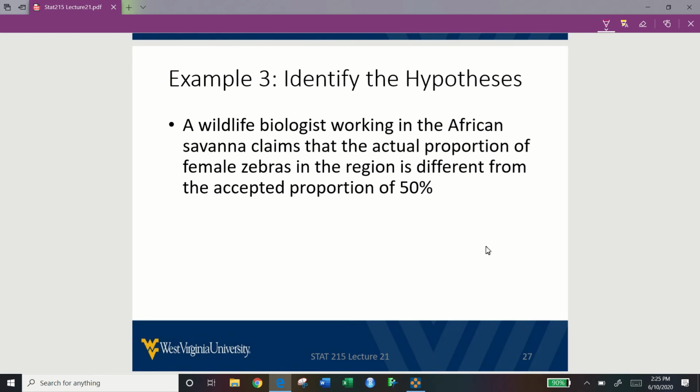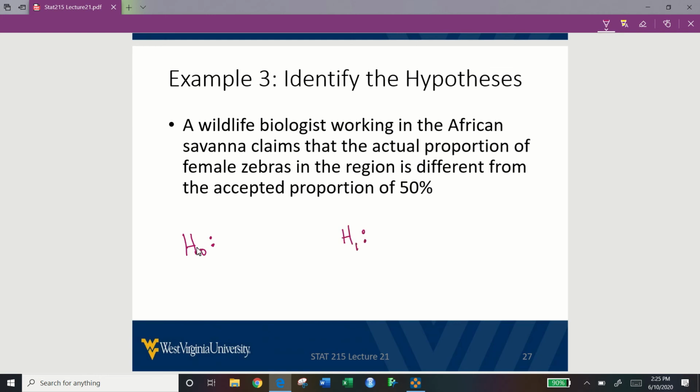A wildlife biologist working in the African savanna claims that the actual proportion of female zebras in the region is different from the accepted proportion of 50%. Okay, so to begin, we know we are going to have a null and an alternative hypothesis.